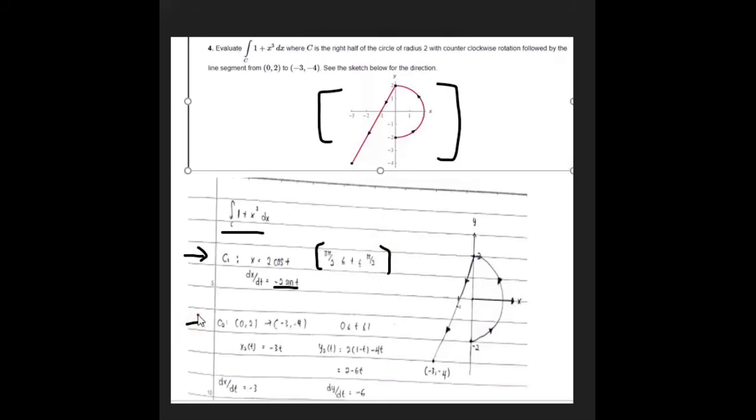For C2, the coordinates are from (0,2) to (-3,-4), and the range is 0 to 1. x2(t) equal to -3t, and y2(t) equal to 2 times (1 minus t) minus 4t, so we get 2 minus 6t. For dx over dt we get -3, and dy over dt we get -6. That's all from me.